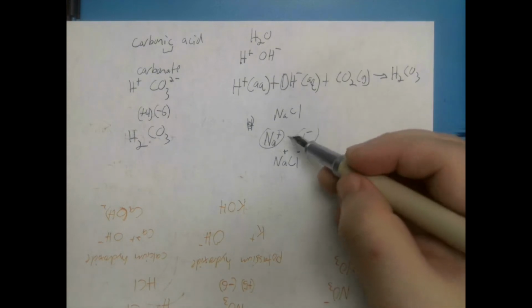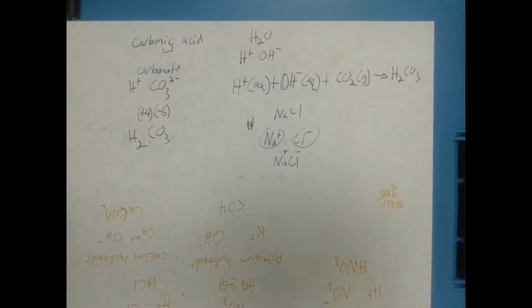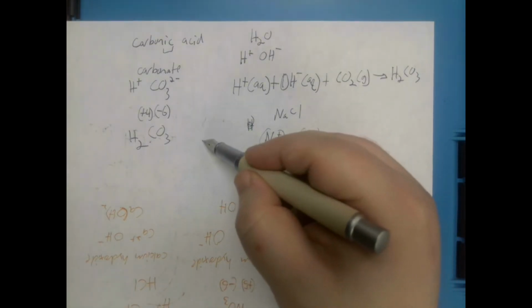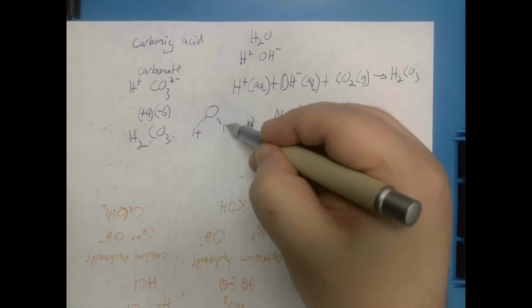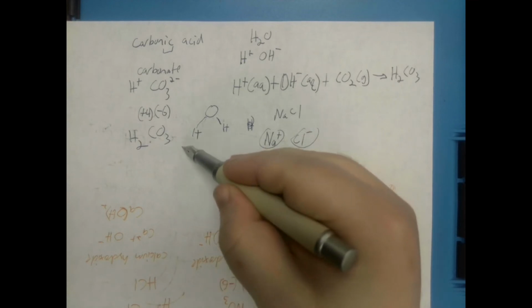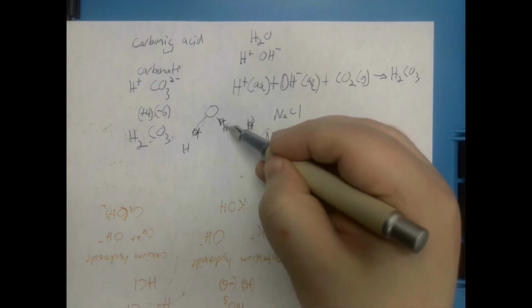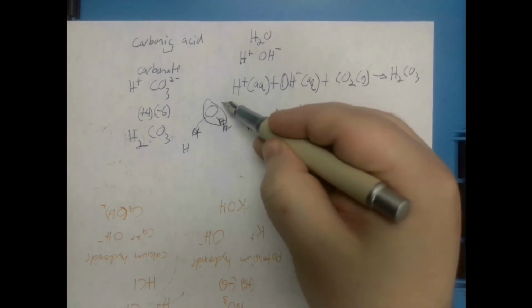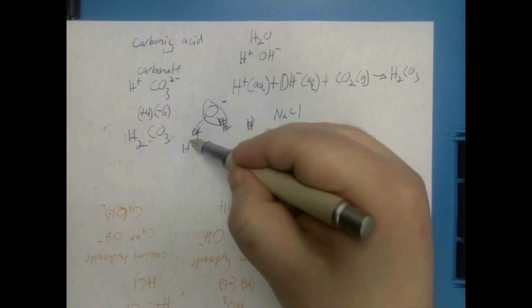Kinda. But water can also be thought of as constantly breaking apart and reassembling itself. So we have water with hydrogen. What happens is this hydrogen will kind of get farther away, and this one will get super close, and what will end up is occasionally we can treat this as an OH ion, and this being an H plus ion.